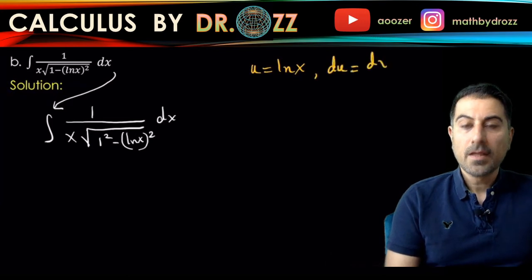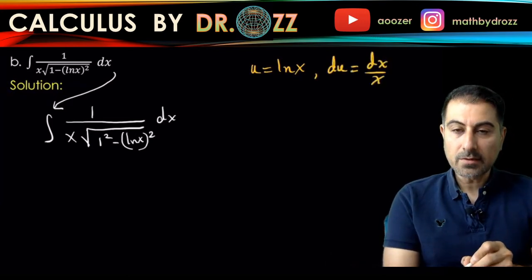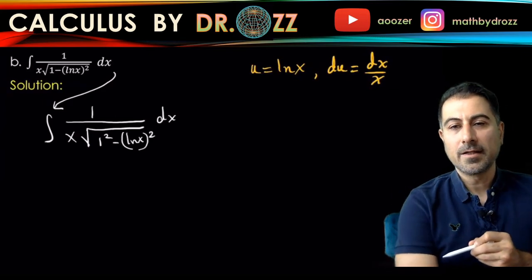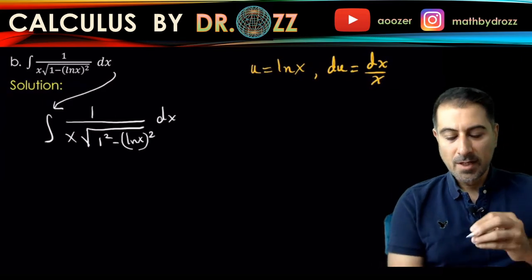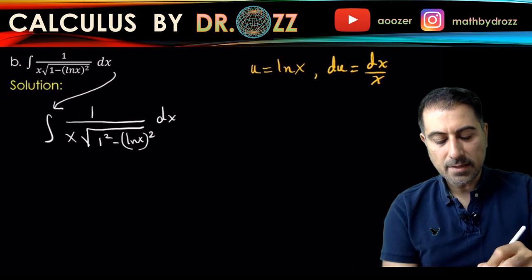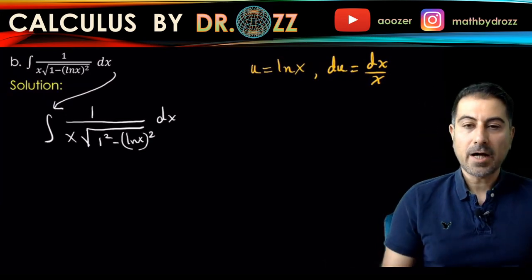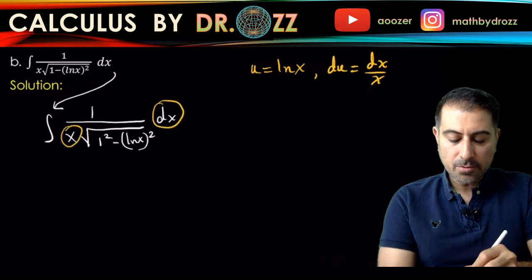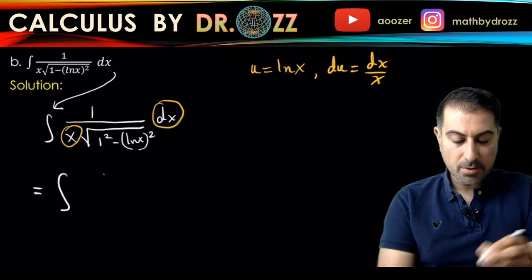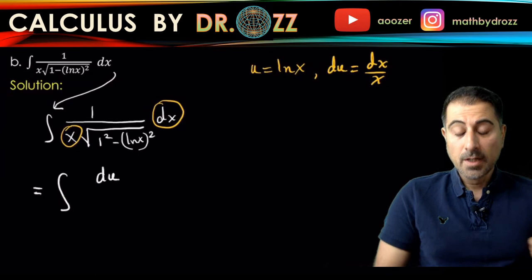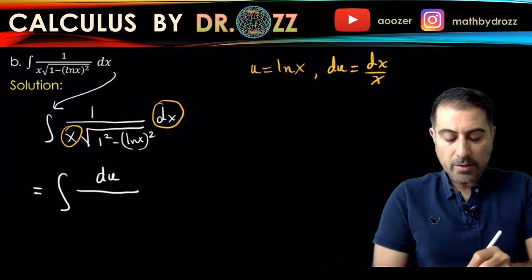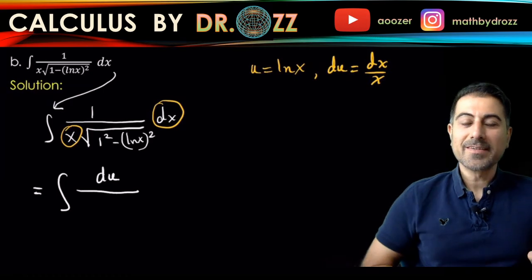Even though this integral looks like arc-secant type integration, it's not, because dx over x is going to be replaced by du, and the leftover bottom is 1 squared minus u squared.